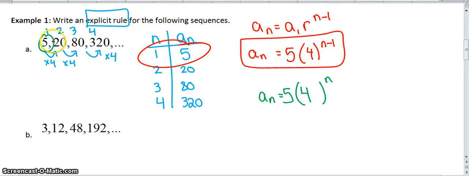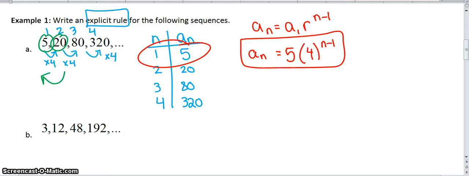But really what I need to start with is 5. So I need to shift it back 1 position, because right now this formula has this as my term 1. So in order to shift it back 1 position, you can add minus 1 to the n, which makes sense then, because if I plug in 1, I'll have 4 to the 0, which will give me the 5 that I want, right? Because then this would be 5 times 1. So you can just think through it that way, if you like.